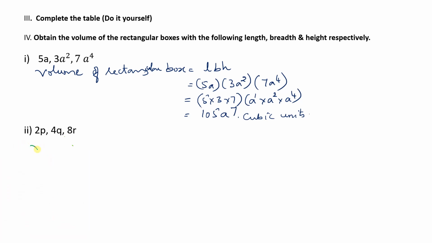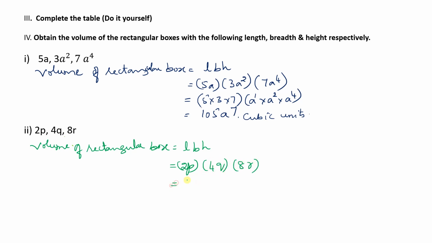Volume of rectangular box is equal to L into B into H. It is 2P into 4Q into 8R. 2 into 4 into 8 into P into Q into R. 2 4s are 8, 8 8s are 64, PQR.